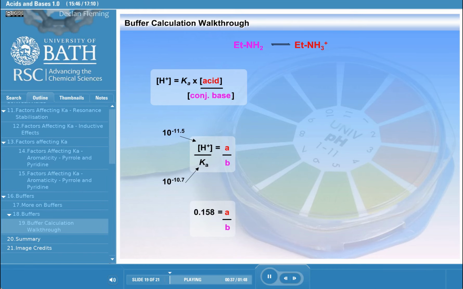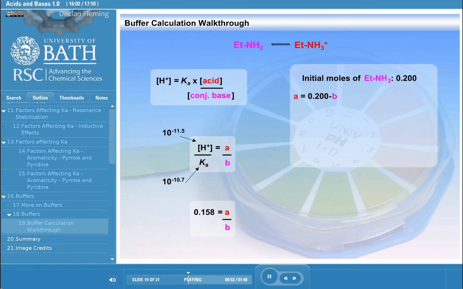The next thing to think about is how much A and B individually are going to be. We start off with 0.2 moles of amine, but we want to work out how many moles of amine are going to be in the buffer solution after we've added our acid. We can write this as a simple expression. We also know something else about our mixture, as we've already said.